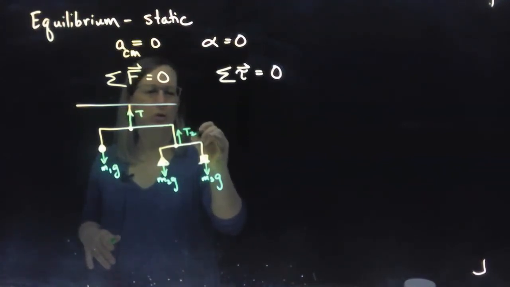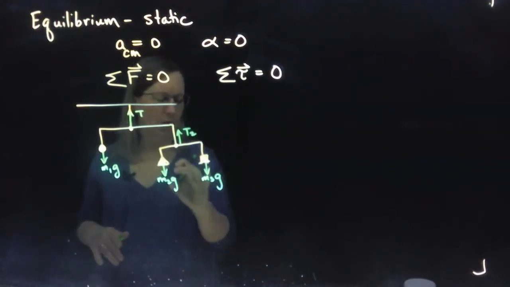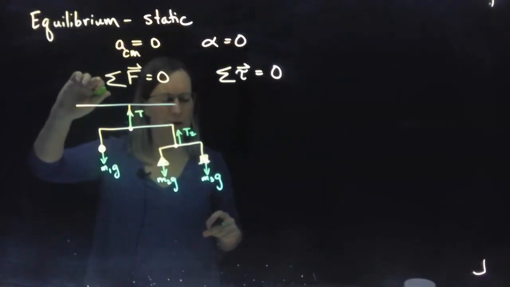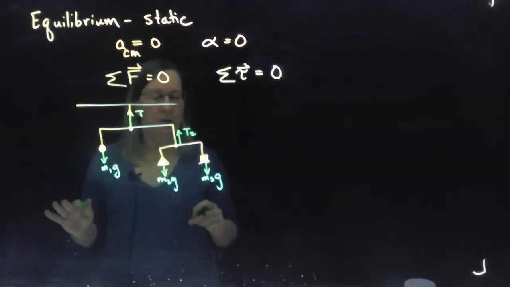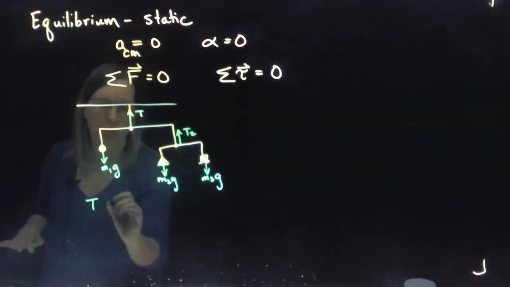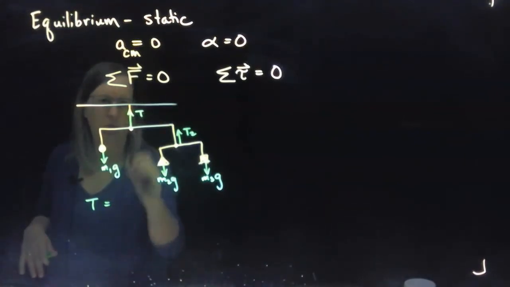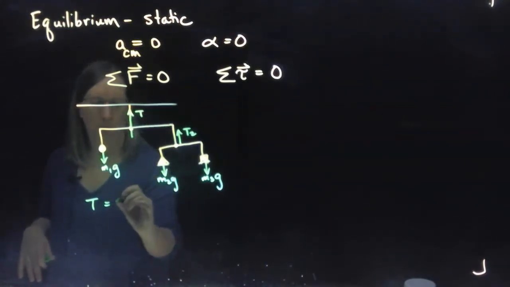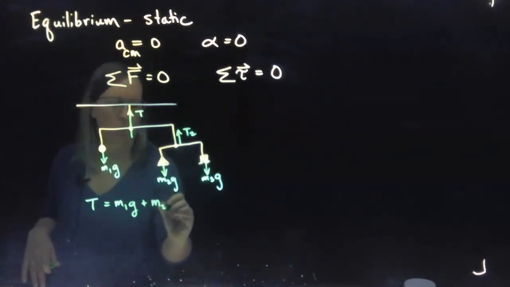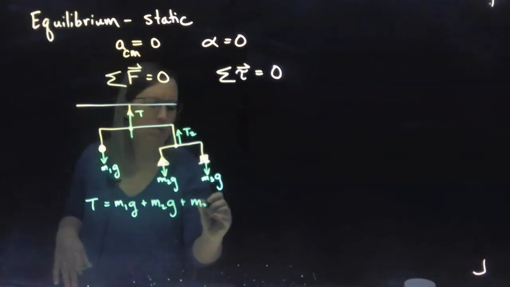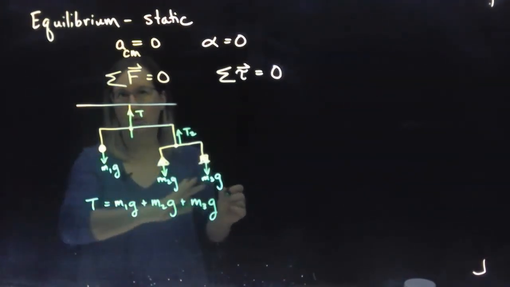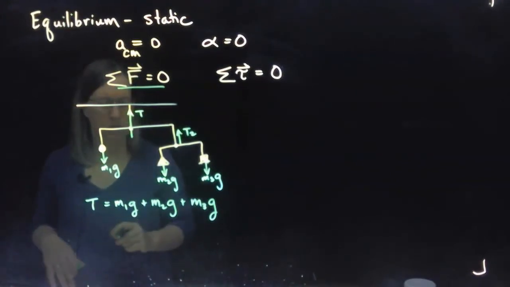Tension 2, you can say, is equal to this mass pulls this mass, so you're using F equals ma for all of those. And so that would be your F equals ma equation. So that would be the total tension, which should probably be bigger, is equal to M1g plus M2g plus M3g, which you could have written as tension minus all of this equals 0, to say the sum of the forces equals 0.